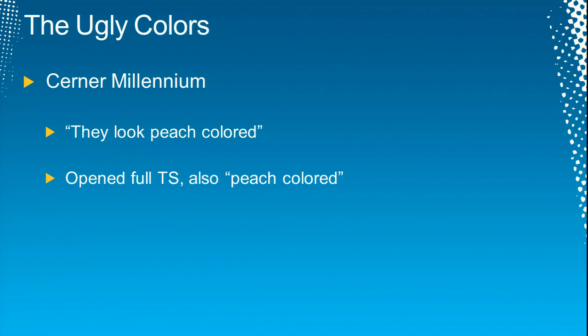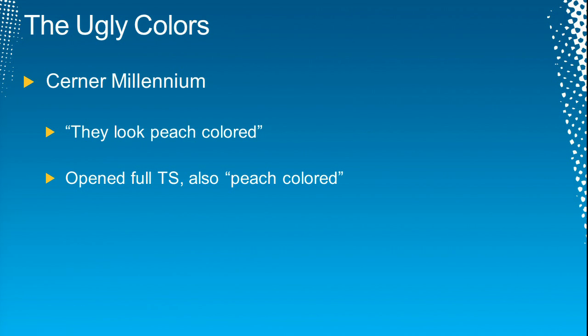And to do that, I opened a full TS window where I specified the color depth at various color depths, and until you got down to like 8-bit, they continued to look peach-colored on the Windows 7 computer. So then I started to think, doesn't look like TS is the problem. What's my next most likely theory?